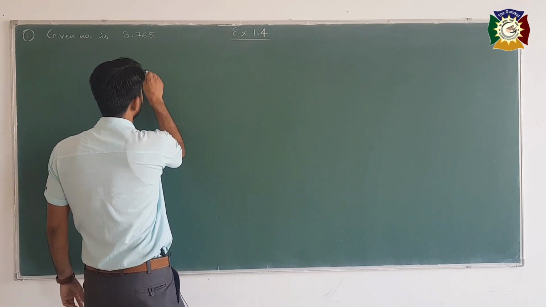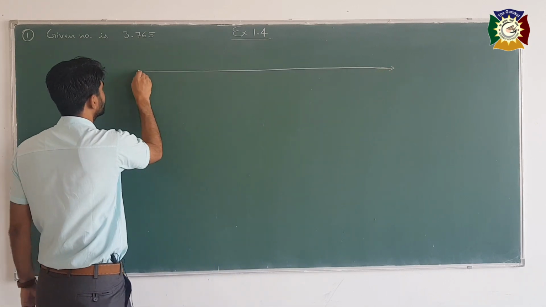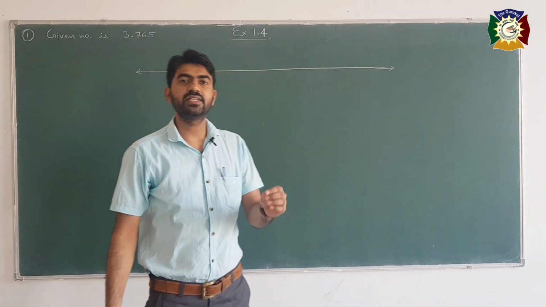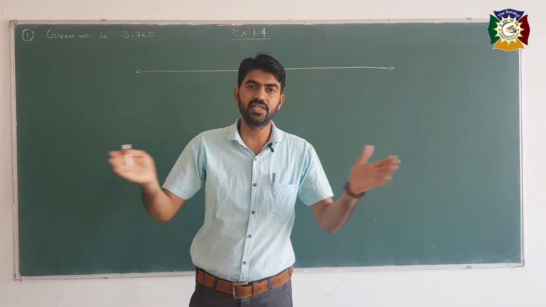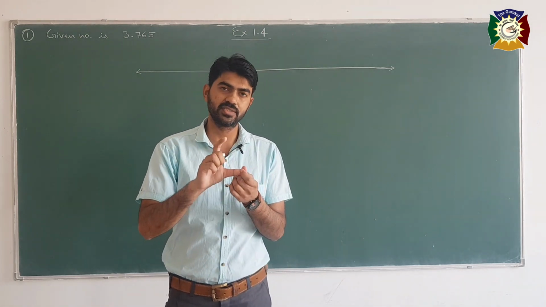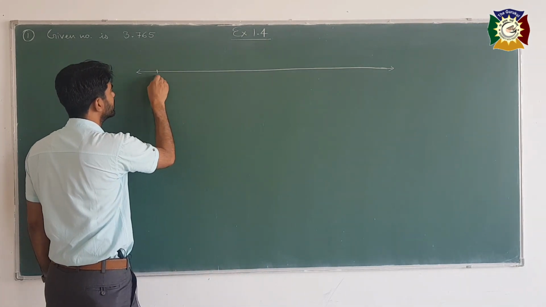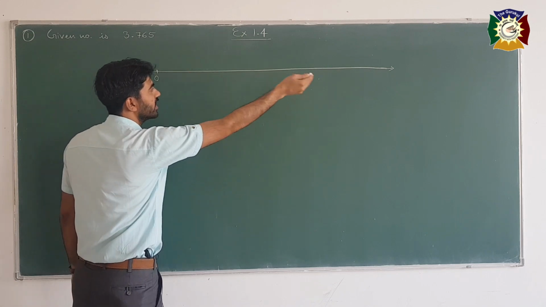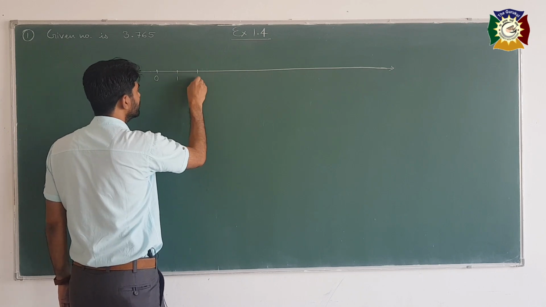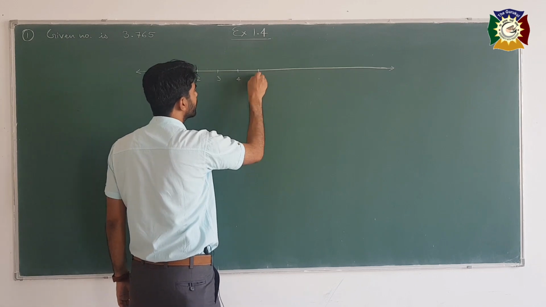First, we will draw a number line, and it is better to take a line of length at least 11 centimeters or more. You can open the compasses up to 1 centimeter, put it here, let it be 0, then 1, 2, 3 and so on till 10 we will write.